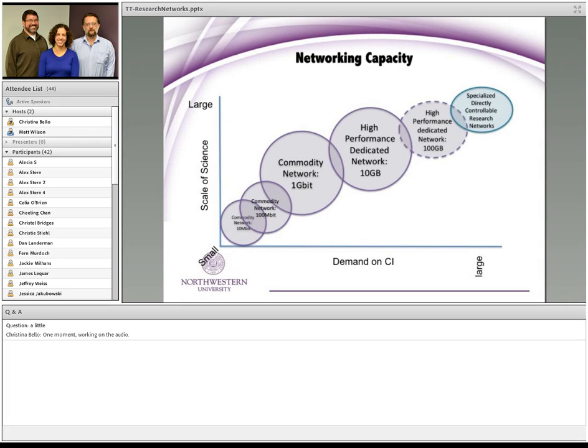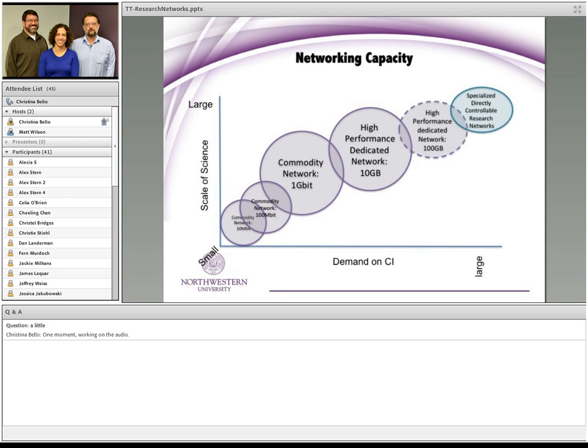As you go to larger and larger scales of science, in order to get the same kind of performance for researchers moving data, the size increases by orders of magnitude. So high-performance research networks at the national and international level are being constructed to allow 10 gigabit per second flows.